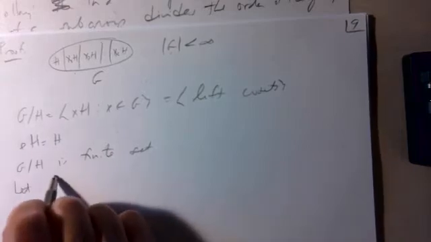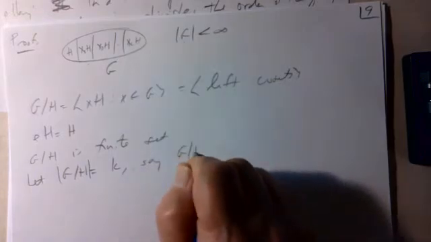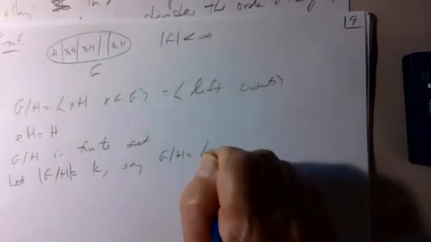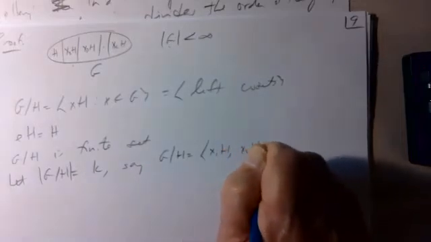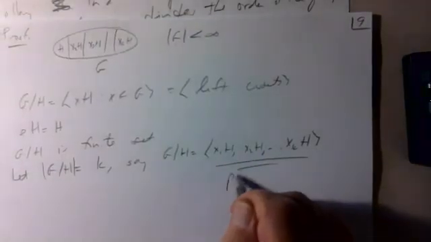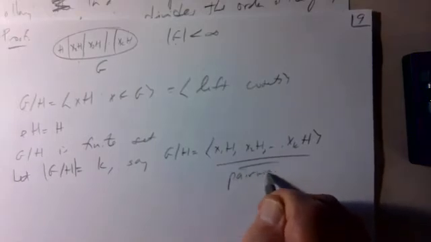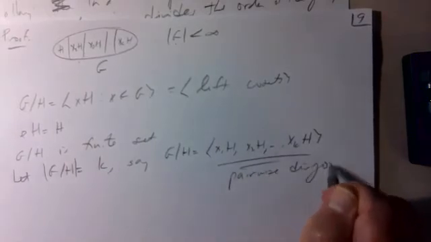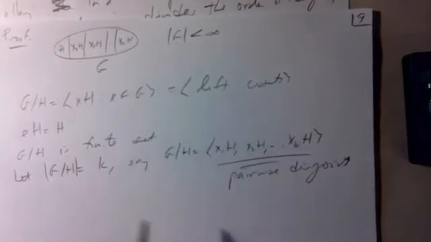So suppose we let G mod H have order k. There are k left cosets. Say G mod H consists of exactly the following cosets: x1H, x2H, up to xkH. And these are pairwise disjoint.